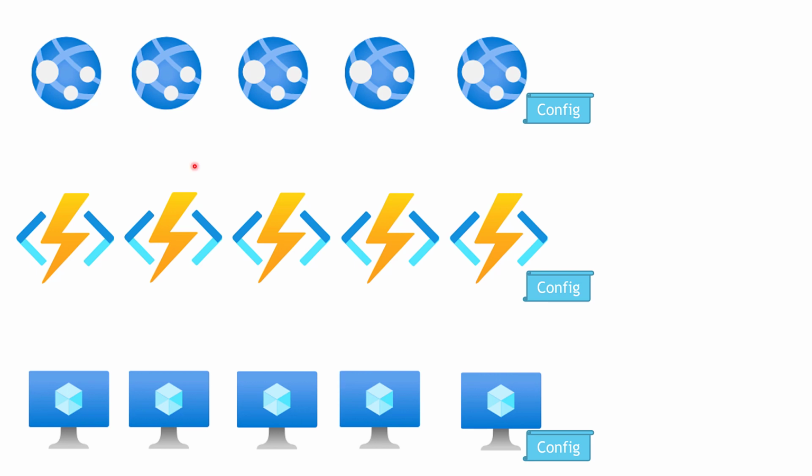Also, if we have a totally different Functions app that still needs to share some common configuration items, maybe a database connection string or a Log Analytics workspace that it's going to send its logs to, it's not possible at the moment to share a certain configuration item from one Functions app across multiple Functions apps.